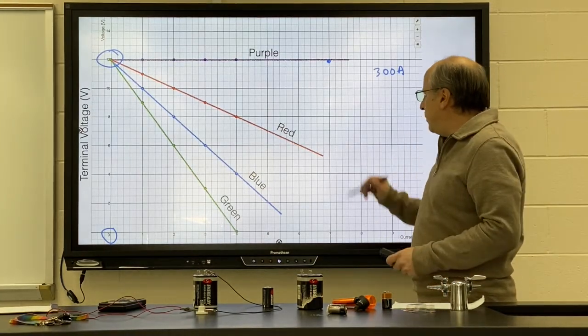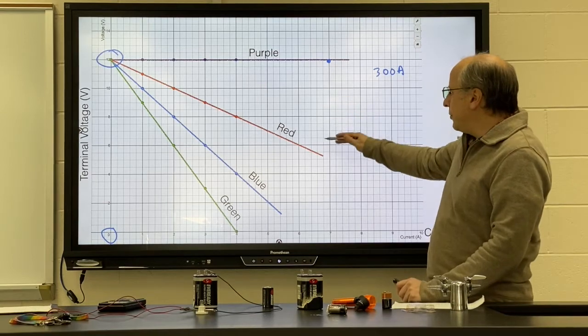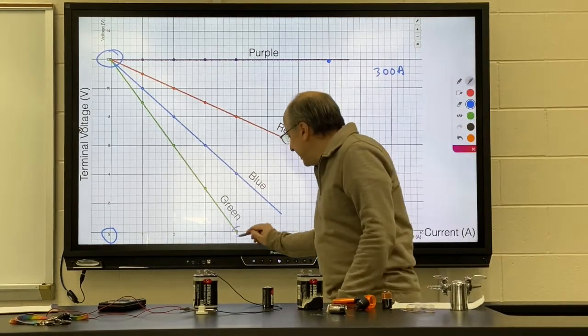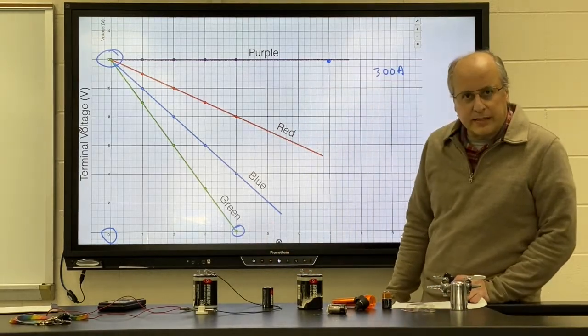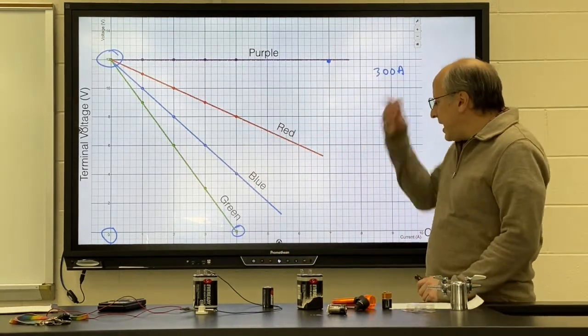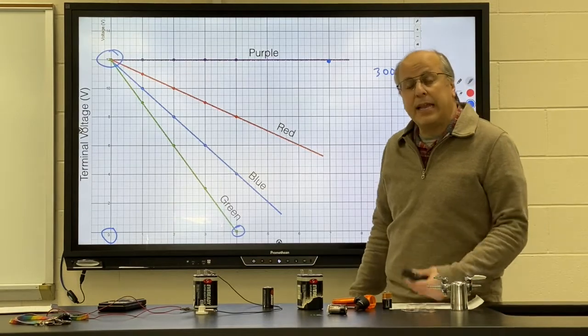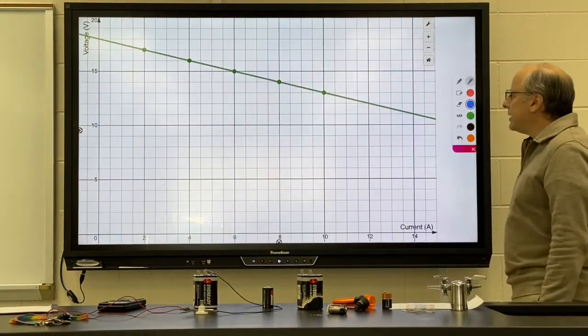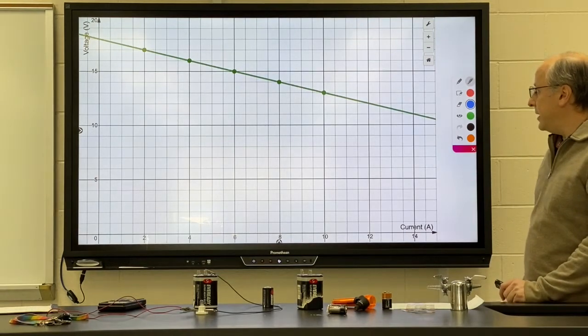Because as you pull more current out of them, their voltage decreases and decreases until eventually you hit the x-axis. Once you hit the x-axis, you obviously cannot get any more current out of that battery. Okay, so let's take a closer look at one of these.